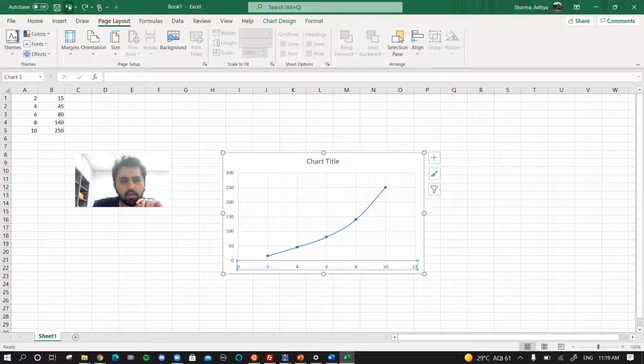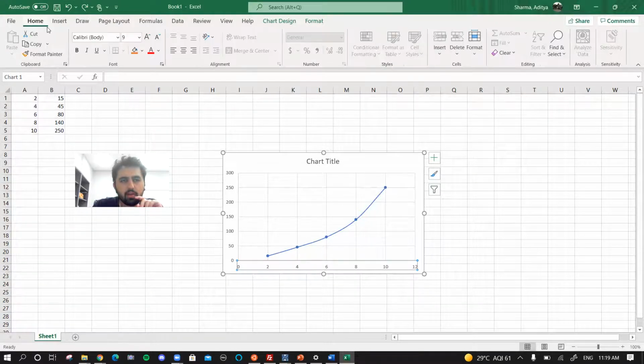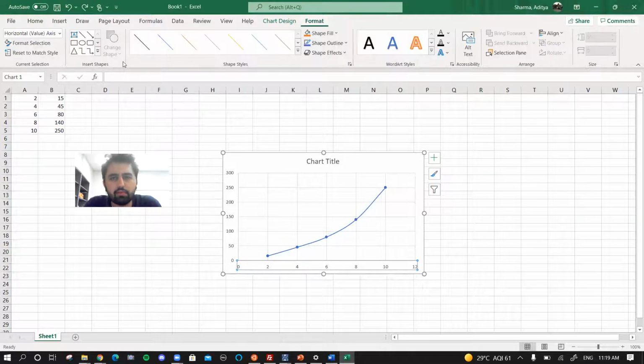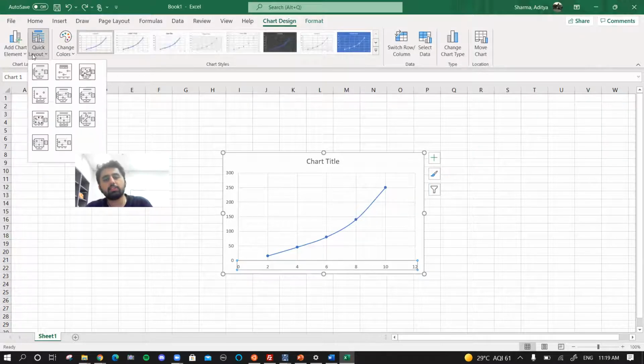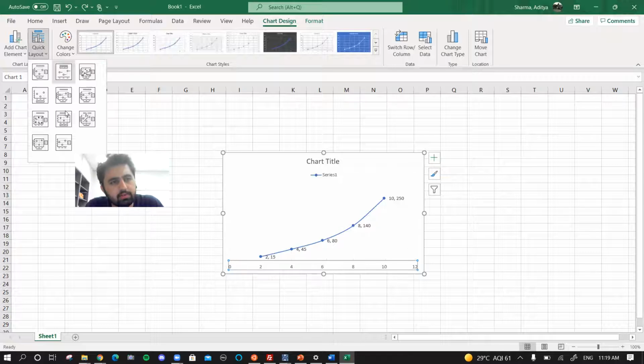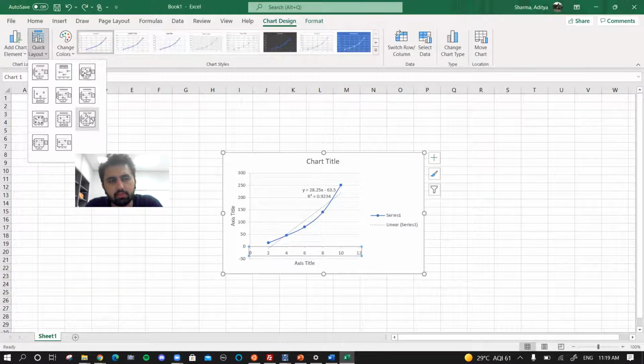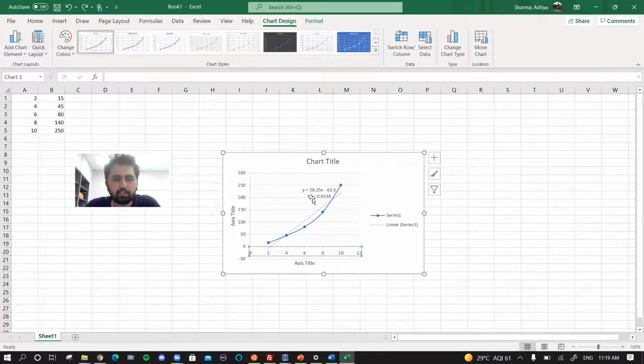Okay, let's see. Format. Nah. Okay, quick layout. Yeah, this is the one I want. So chart design is where you should go. And layout 9. This layout 9 here. I think I'm still sharing my screen, right? So yeah, we can see you. Okay, so layout 9 is what I want. That gives you the slope automatically.